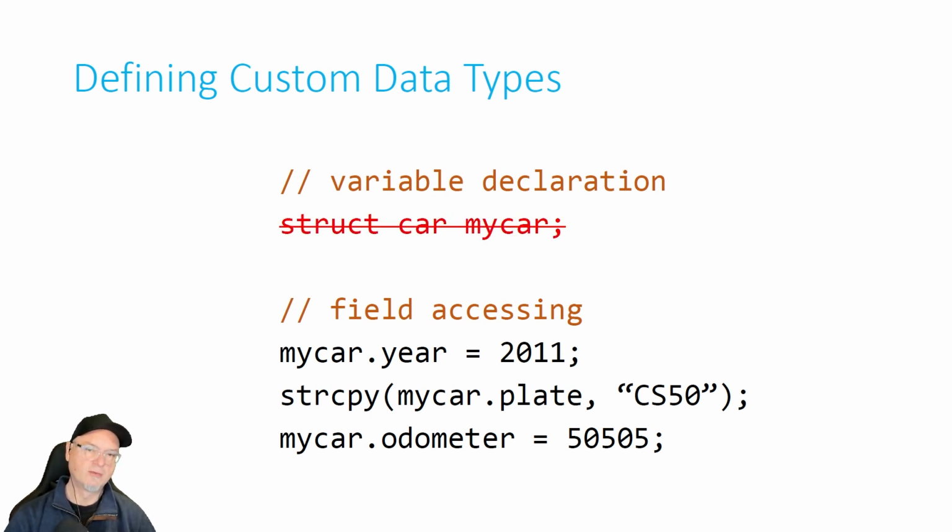But now we don't have to do that. Now we can just directly declare car_t mycar with our structure definition. And that's all there is to that subject, and that's all I have to say about that.